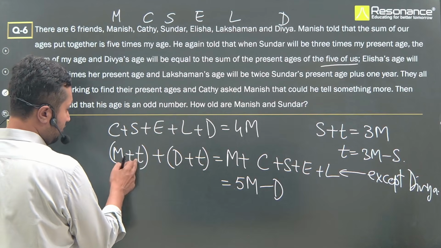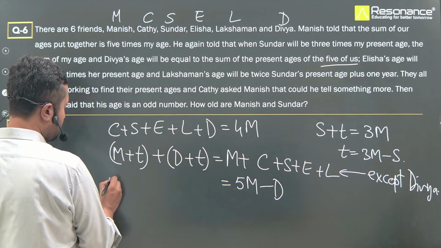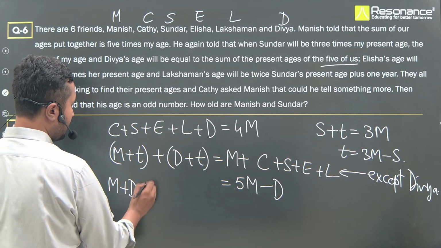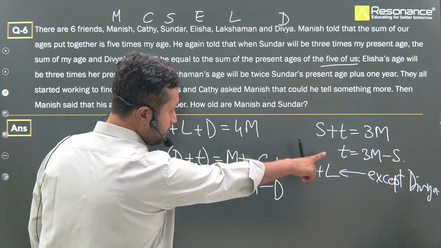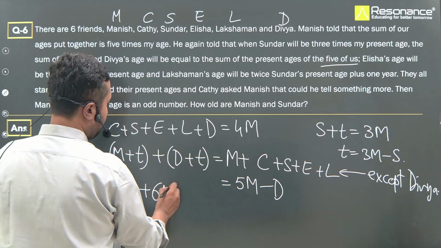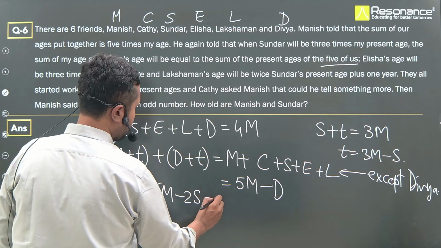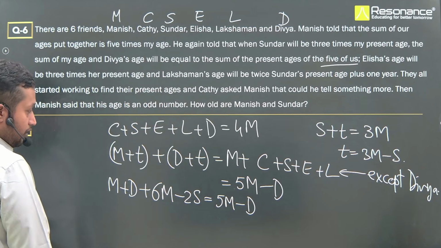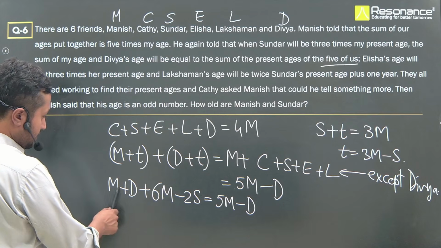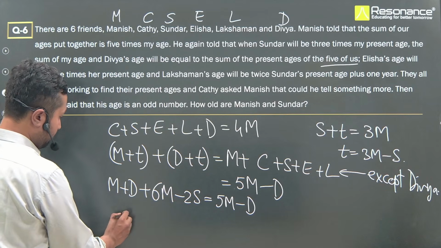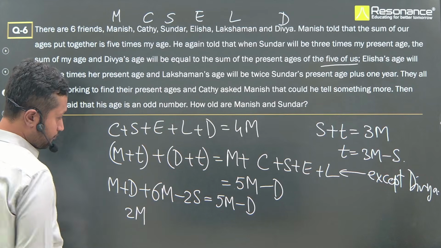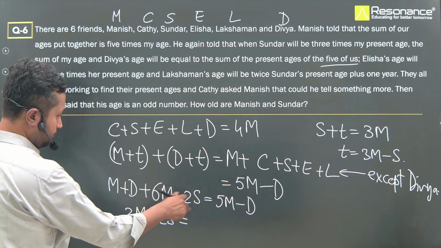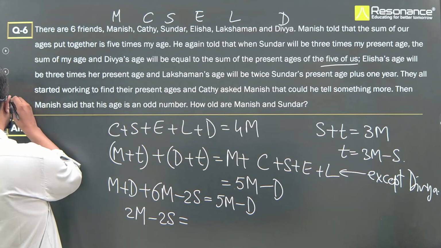So let's see what that equation gives us. Well, you also know the value of T. So you have M plus D plus 2 times T. 2 times T is 6M minus 2S is equal to 5M minus D. Now what is all that? 7M minus 5M. So 2M minus 2S is equal to, I don't know, maybe I'll bring that D also to this side.